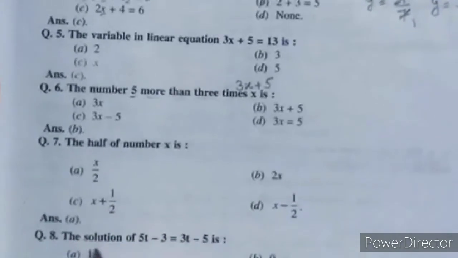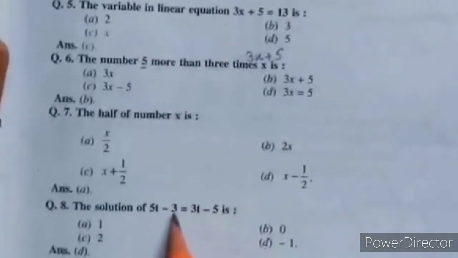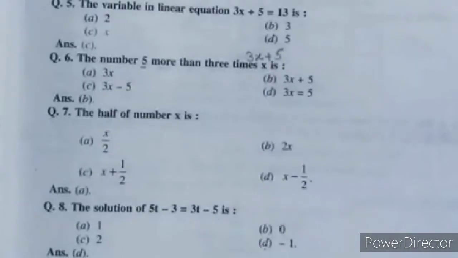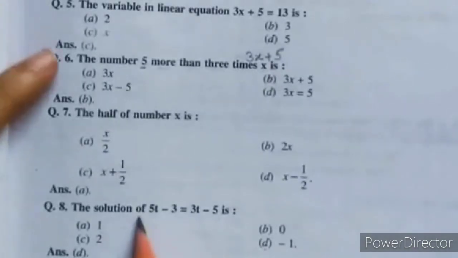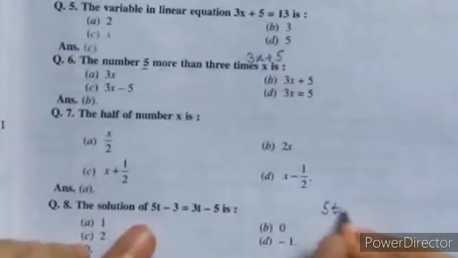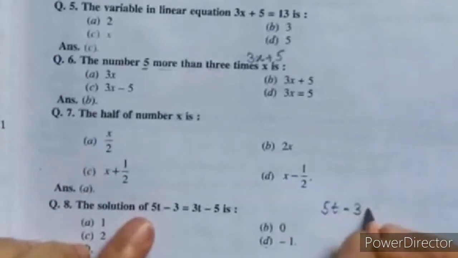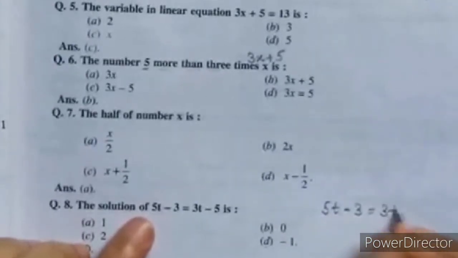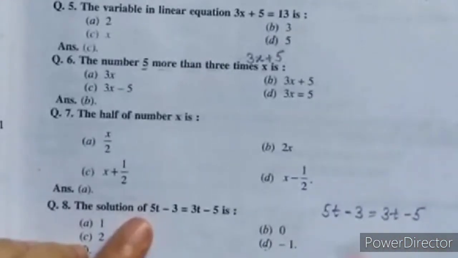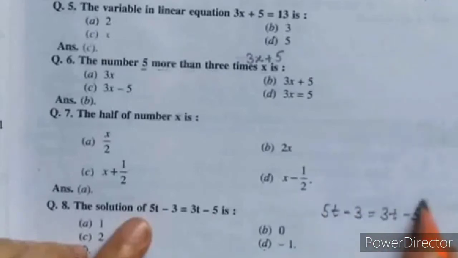Eighth question. The solution of 5t minus 3 equal to 3t minus 5. Here we should find the value of the variable t. Look at this equation. Both the sides have the t variable, so we have to shift to one side. First we write the equation 5t minus 3 equal to 3t minus 5. 3t will transpose to the left hand side because the variable should be on the left hand side.